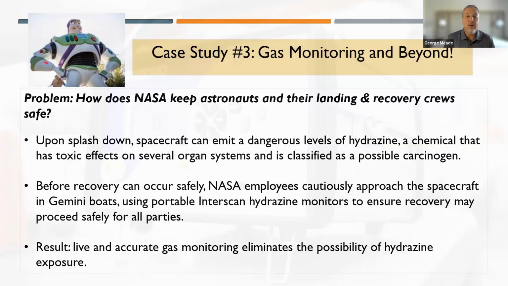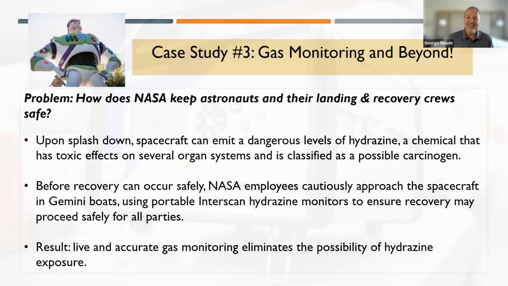So before those astronauts and the recovery and landing crew can get close to that, what NASA does is they send out a crew in a Gemini boat to go out to the spacecraft using Interscan portable hydrazine monitors to make sure that the hydrazine levels are very low and it's safe to proceed with the recovery.